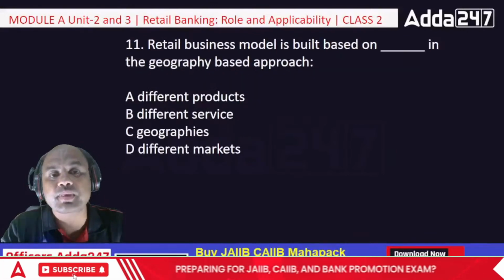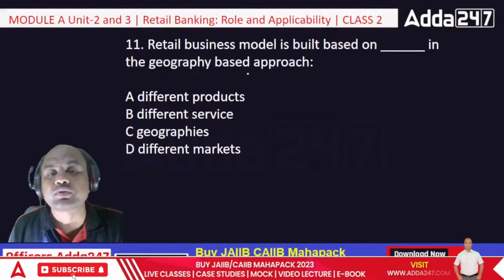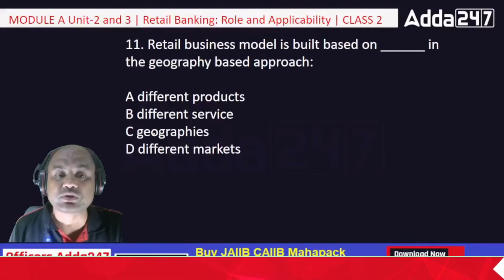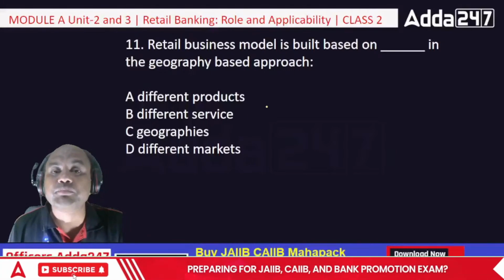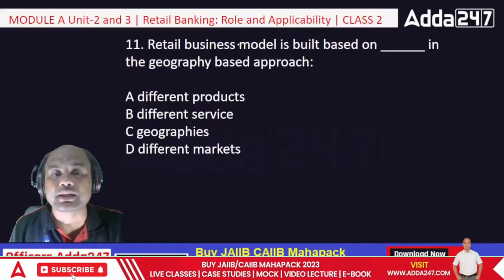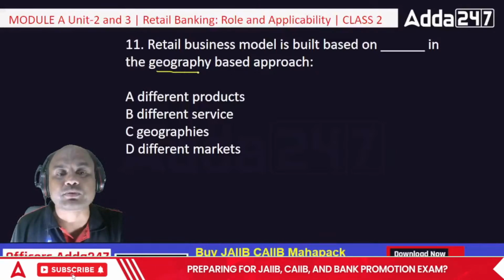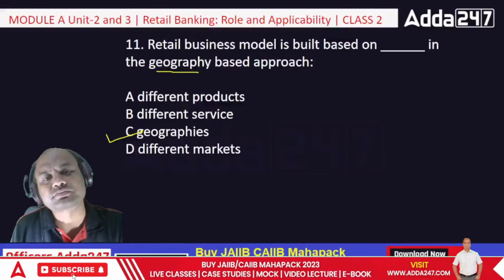Retail business model is built on dash, geography based approach here. Again, different products, different services, geographies and different markets. What did I say? Many of the answers are there in the question itself, but we fail to track them. Geography based means it will be based on geographies. What do you mean by geography based approach?